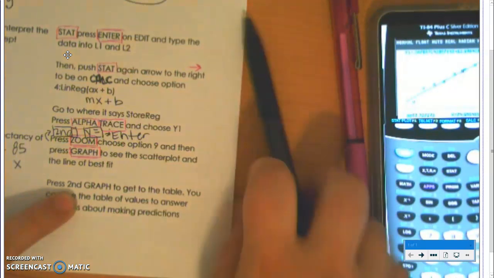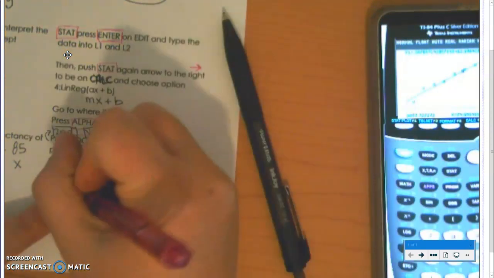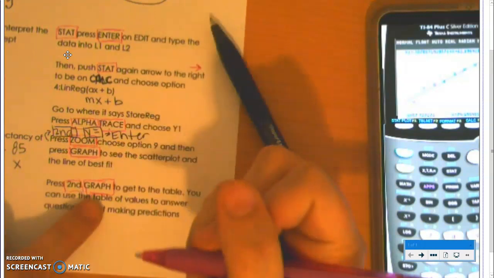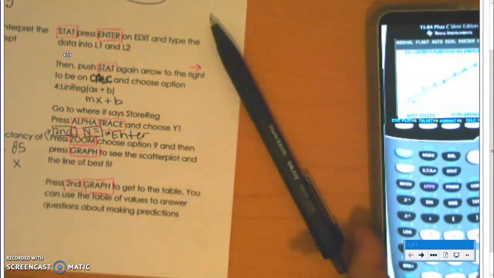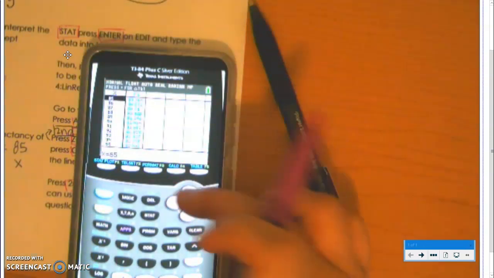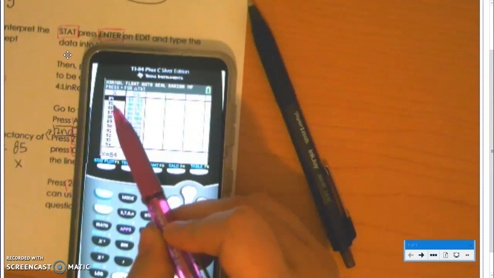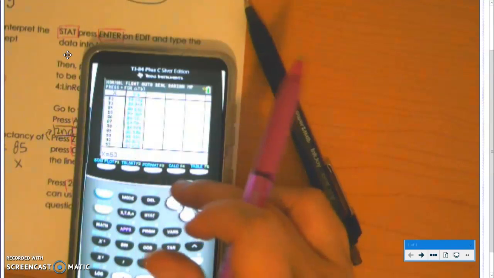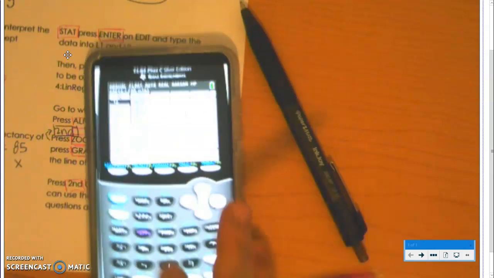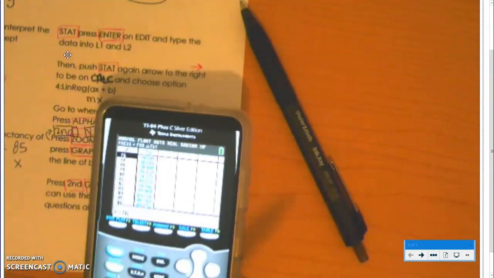But a quicker way to go through the numbers is to hit second graph so that I can look at the table. Now, I already scrolled all the way down to where my X says 85. And it might take a little while, but you know what? The answer is on the table.